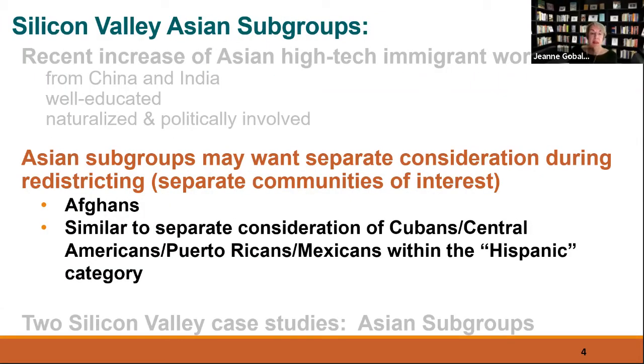Asian subgroups that we have come across that want separate consideration when redistricting and view themselves as quite different from each other include Afghan Americans and Asian Indians, Chinese Americans, and many other groups. But the ones that I'm going to talk about in our two case studies are the Afghans, Asian Indians, and Chinese Americans.